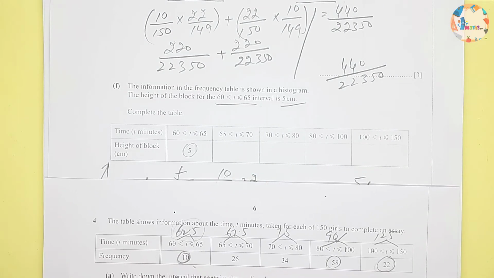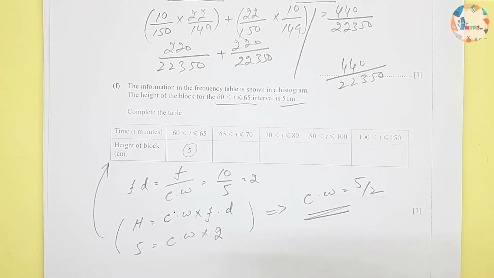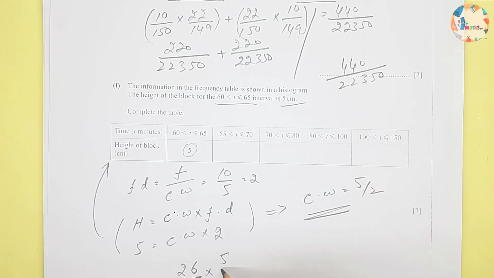Now this will be the result we will be using to calculate the next one. For the next bar we have 26 as frequency, for the 65 to 70 class. We will be dividing by the class width, which is 5 by 2.